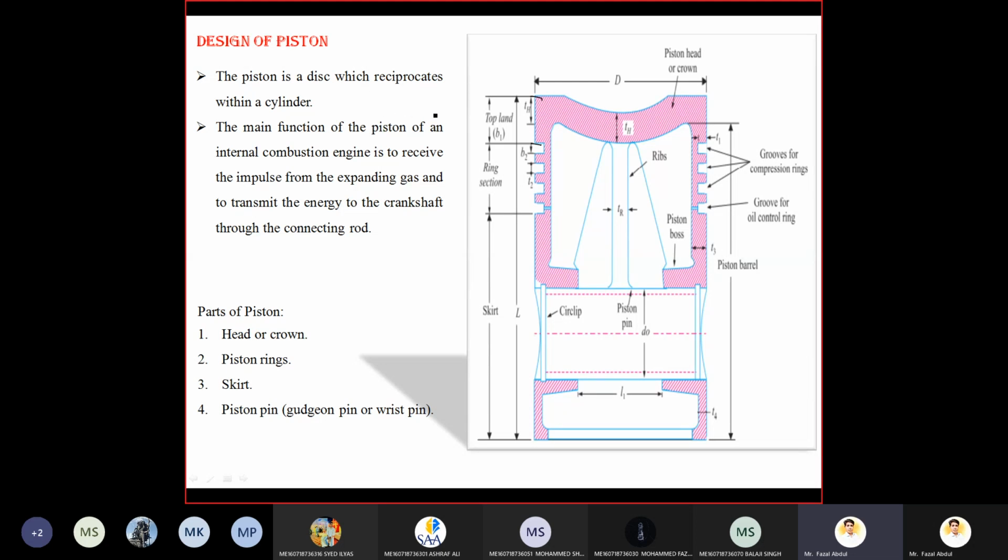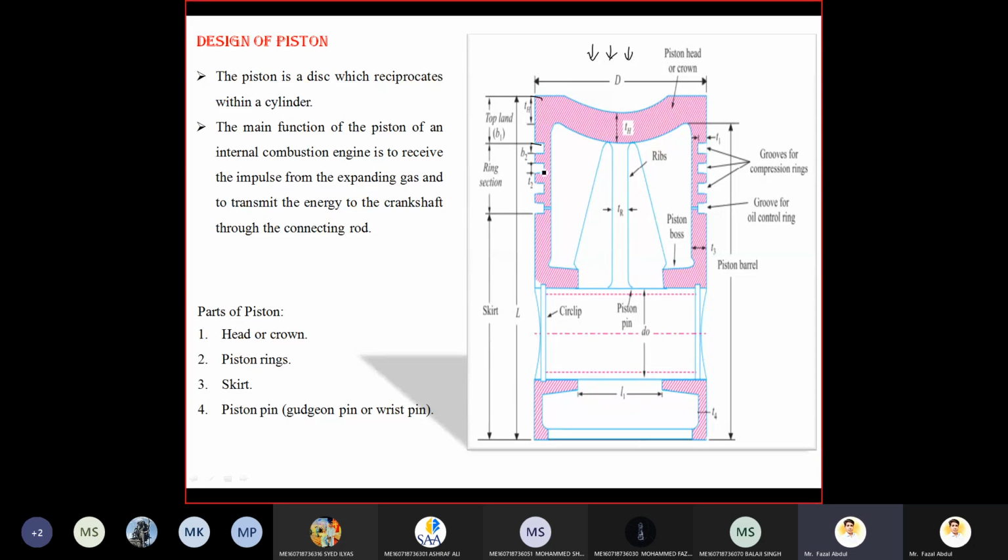How is it reciprocating? Because of the burnt gases inside the cylinder, the burnt gases create thrust on the surface of the piston head. Because of that, the piston is always in continuous reciprocating motion. The main function of the piston is to receive the thrust forces from the burnt gases inside the engine cylinder and transmit them to the crankshaft through the connecting rod.